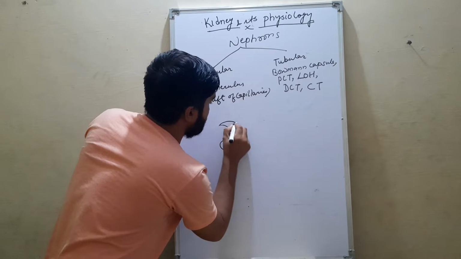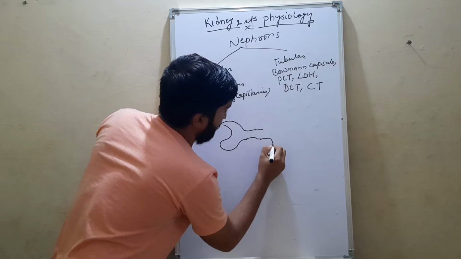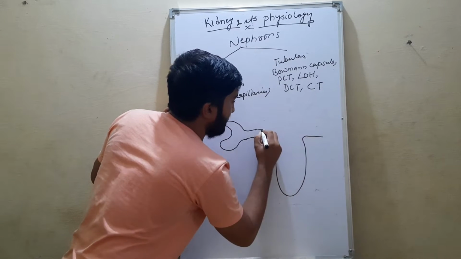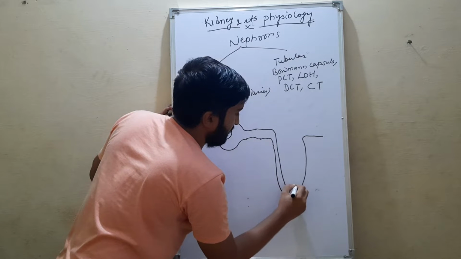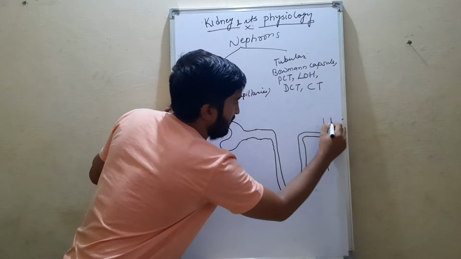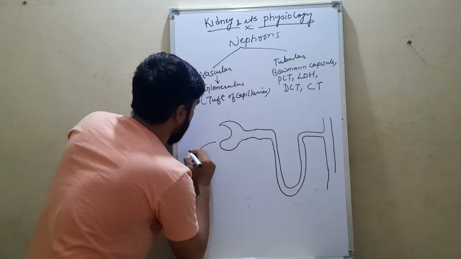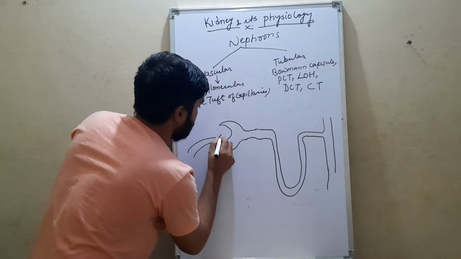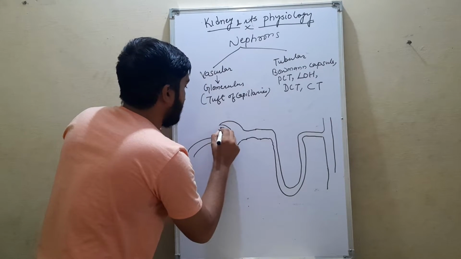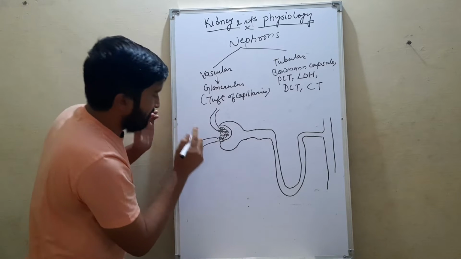This is Bowman's capsule, which is followed by the PCT, followed by the loop of Henle, then followed by the DCT, and then followed by the collecting tubules. This is the afferent arteriole, and here the tuft of capillary is called glomerulus, and then the efferent arteriole. The diameter of the efferent arteriole is lesser than the afferent arteriole.